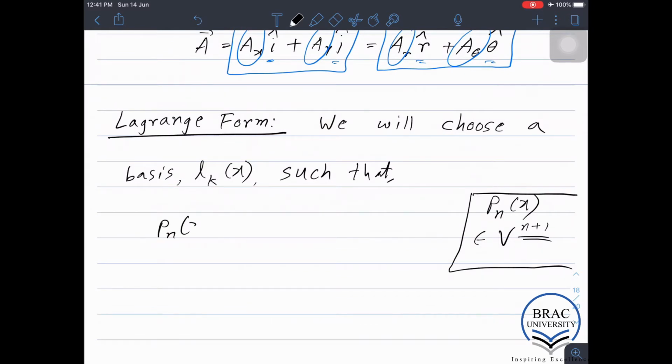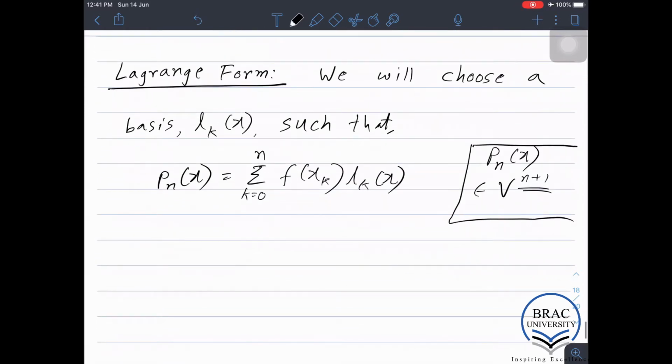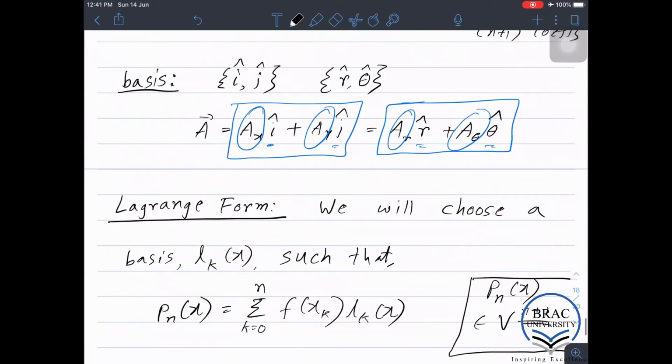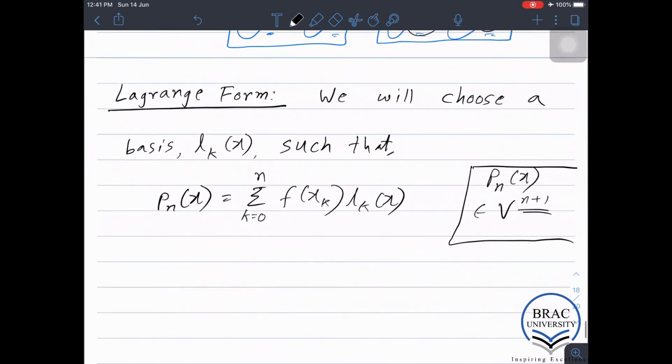Pn of x can be written as the sum over k from 0 to n of f of xk Lk of x. So what do you see from here? This is the same as before. These are my basis elements, and these are the coefficients.